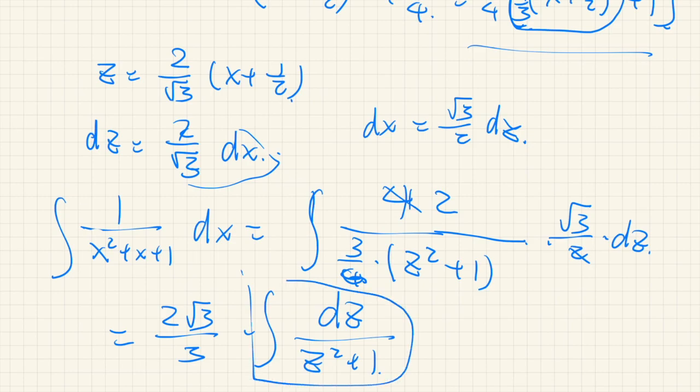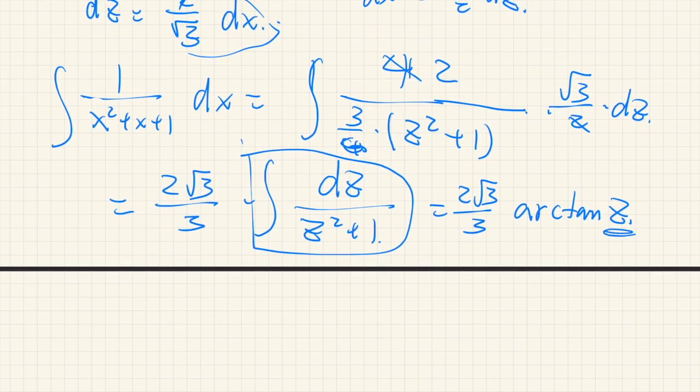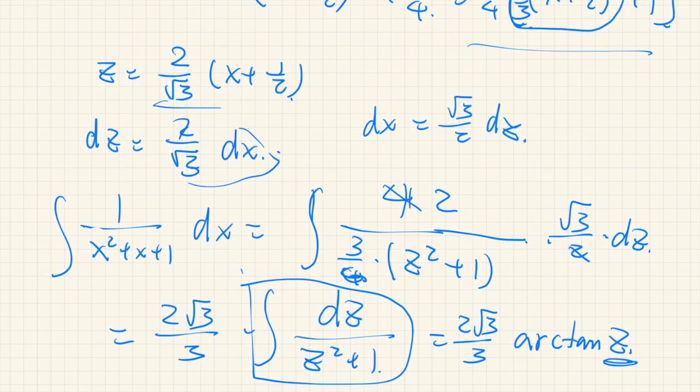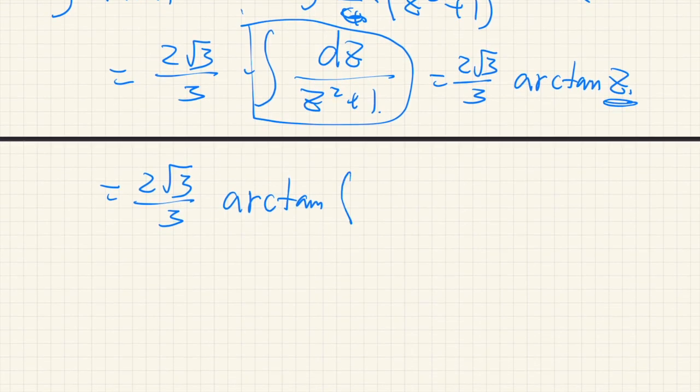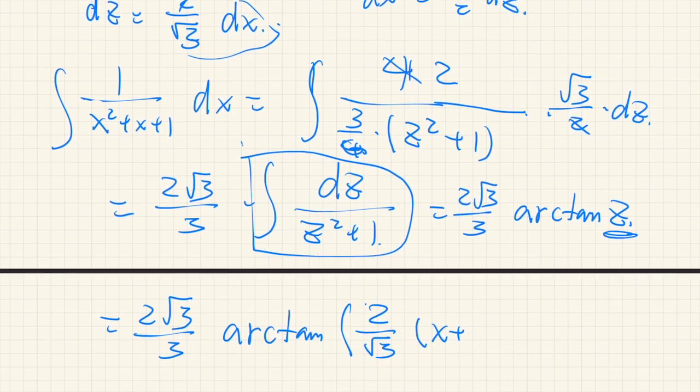But this one is arctangent. So we have arctan z. And if we put back this substitution, arctan of this, so what is it? 2 over square root of 3 times x plus 1 over 2.